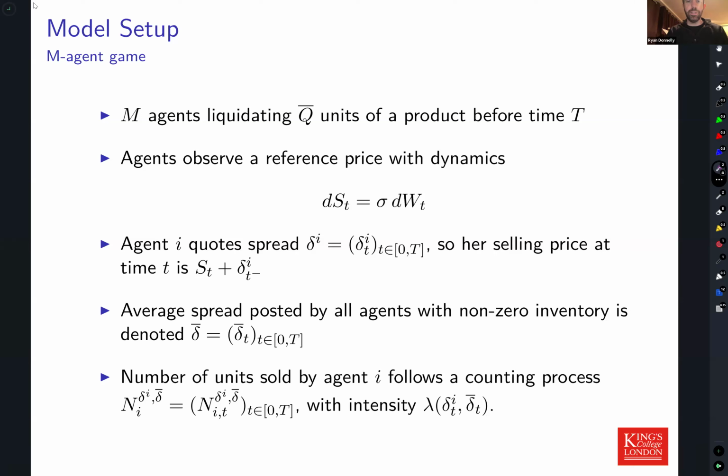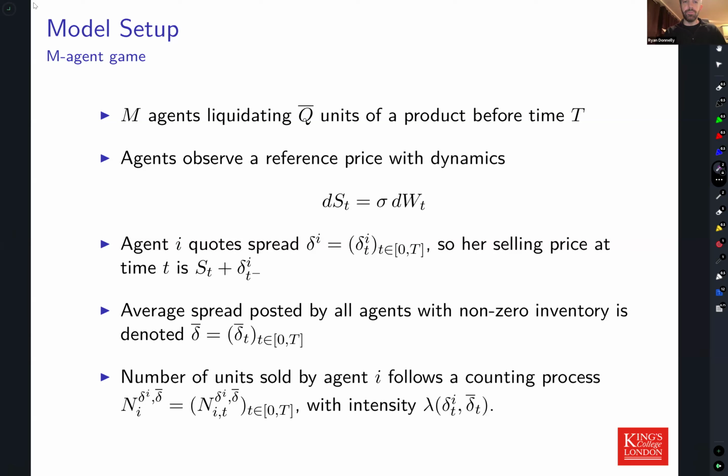It'll be useful to also denote the average across all agents of the price that they're quoting. We're going to denote that by delta bar. So delta bar is just the sum of all of these over the different i's divided by M.